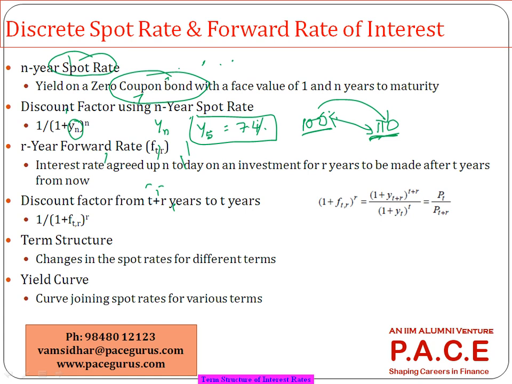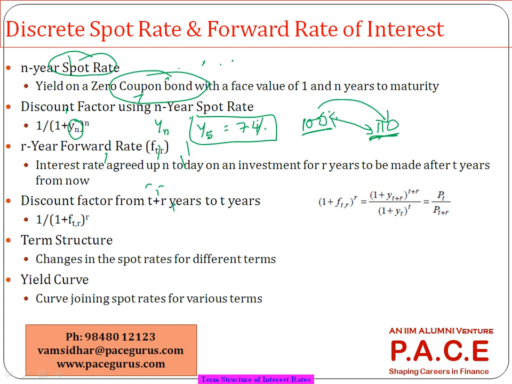So the spot rate is a very important aspect in terms of valuing any kind of bond. We'll see at a later date, we'll take up one small numerical to see how this spot rate will help me in pricing a bond, how this spot rate will help me in calculating what should be the amount that should be paid to acquire a particular bond.